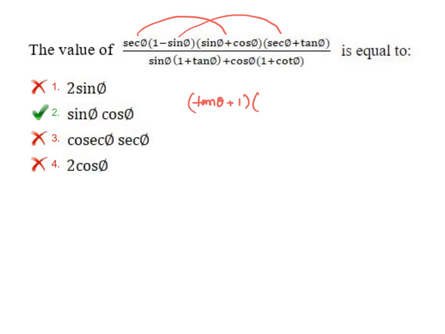This becomes 1 by cos plus sin by cos. So it becomes 1 plus sin theta by cos theta, which means 1 plus sin theta into 1 minus sin theta is 1 minus sin square theta by cos theta. So overall you are getting 1 plus tan. Cos square theta by cos theta is cos theta. This is cos theta.